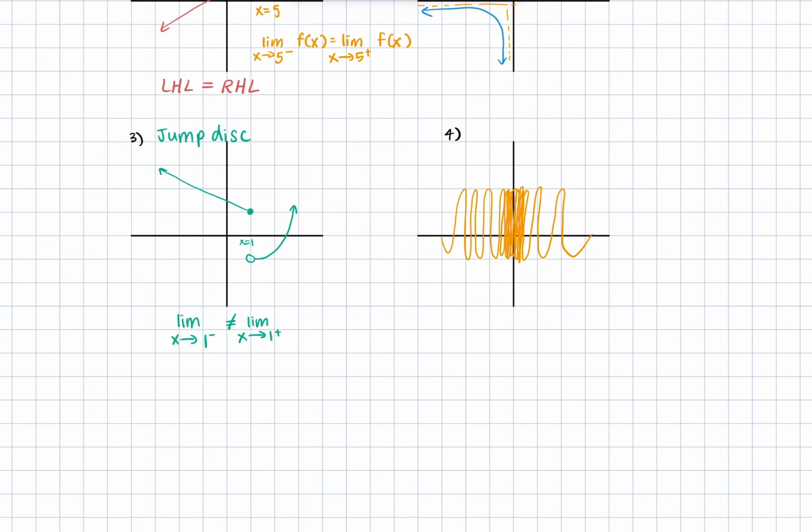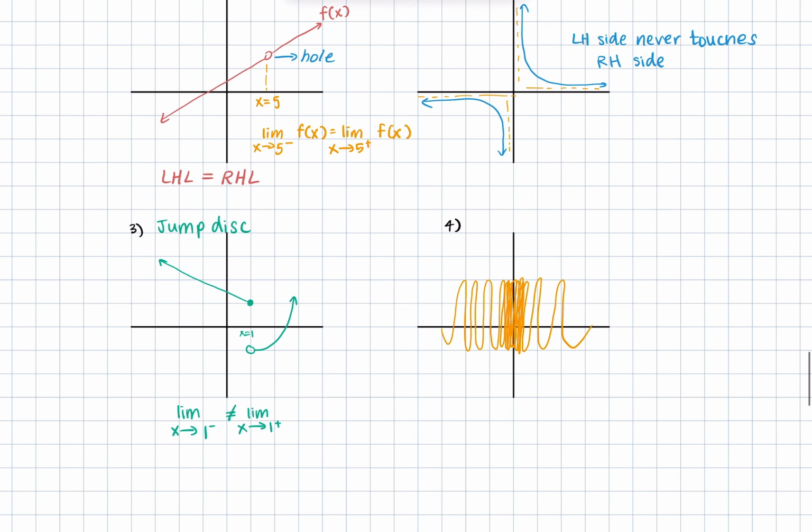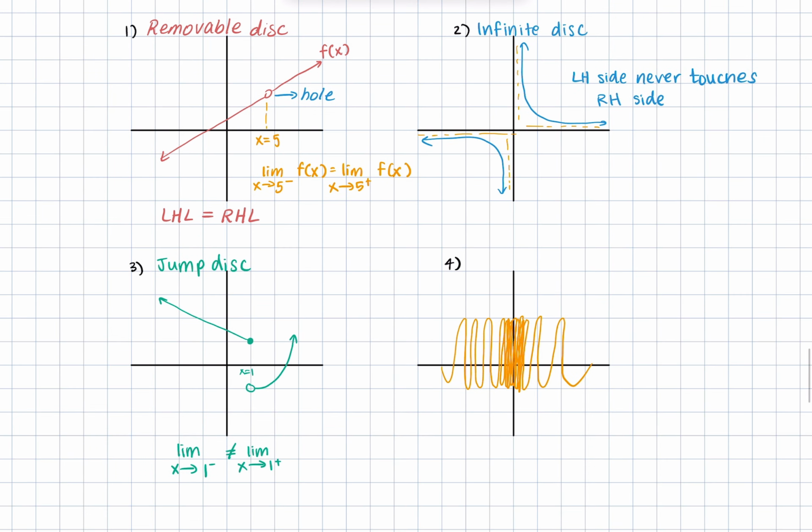The thing that differentiates the jump discontinuity from the infinite discontinuity is that they're not touching, but it's not because of an asymptote. For an infinite discontinuity, you need to have these asymptotes.